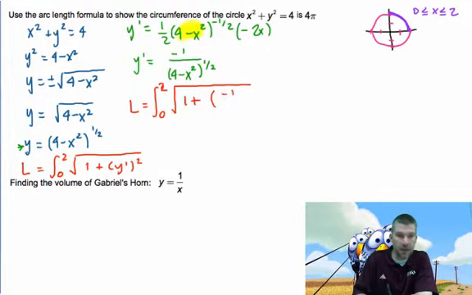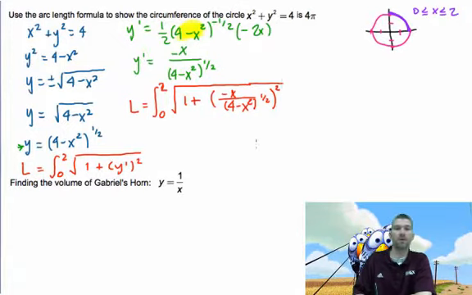Oh, whoops, that should be an x up there. This should be a negative x, not negative 1. So this guy would be negative x over 4 minus x squared to the 1/2, squared. Oof, that's really big.